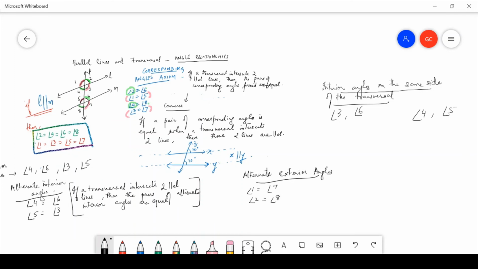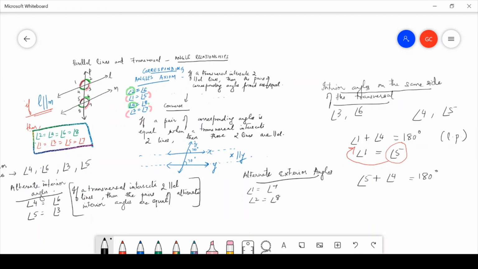Very interesting result. If we look closely, angle 1 and angle 4 are supplementary. They are forming a linear pair. At the same time, angle 1 is actually equal to angle 5, which means I can substitute 5 in place of 1, and what I get is angle 5 plus angle 4 is 180 degrees.